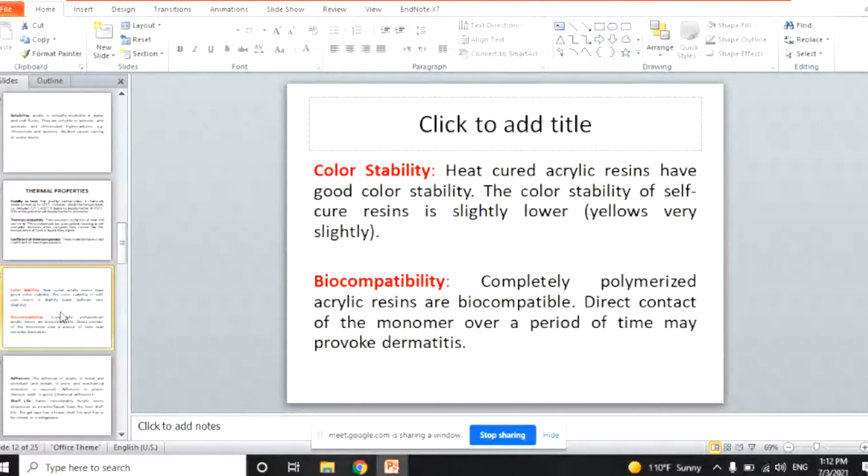The color stability is good, and it is completely biocompatible, though sometimes it can cause allergy to the skin and dermatitis.